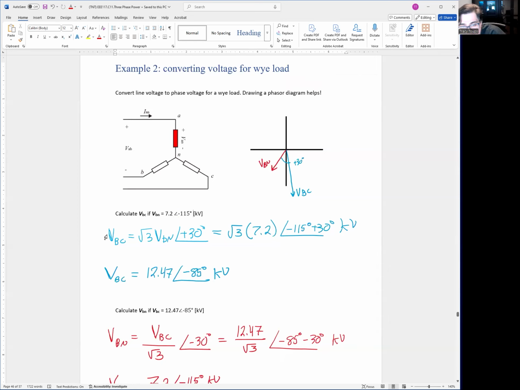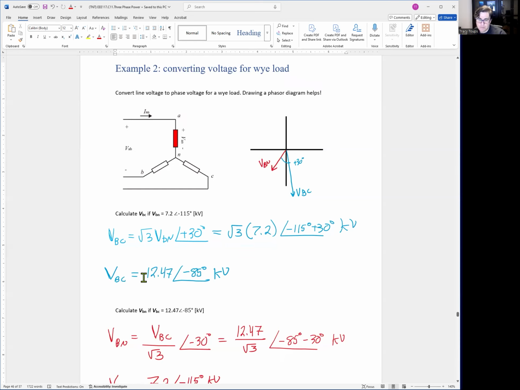Well, let's calculate VBC. If I need to get my line voltage, which is larger, we're going to take square root 3 times VBN, and we're going to add 30 degrees because we're always going for the longer one. So we got square root 3 times 7.2 kV, angle negative 115 degrees plus 30 degrees, because we're going line-to-line.